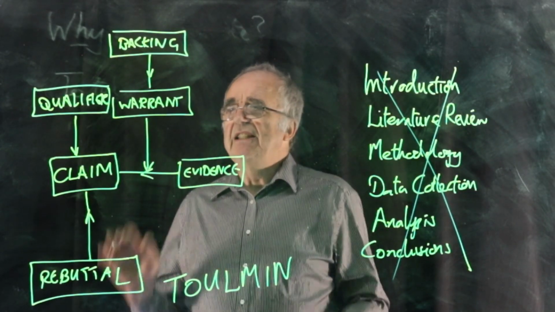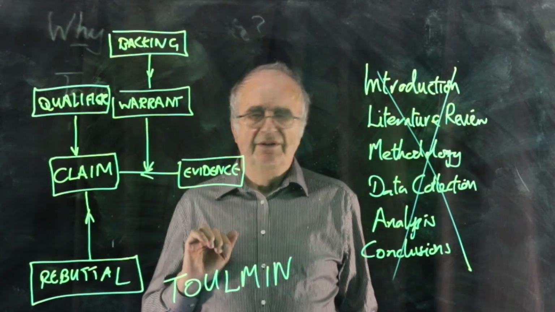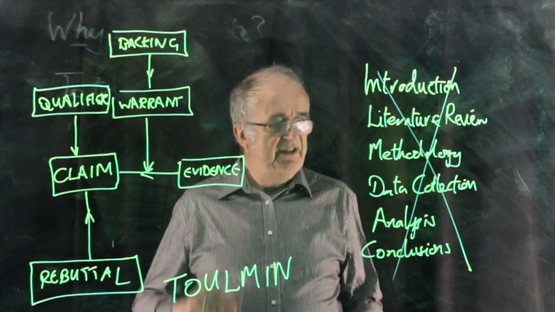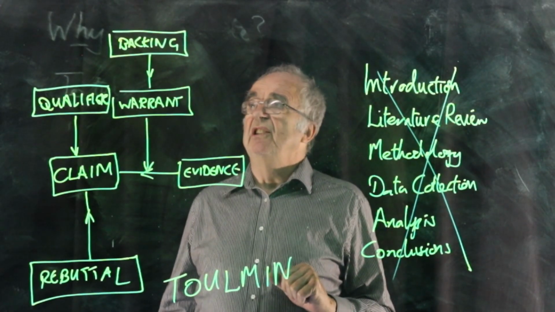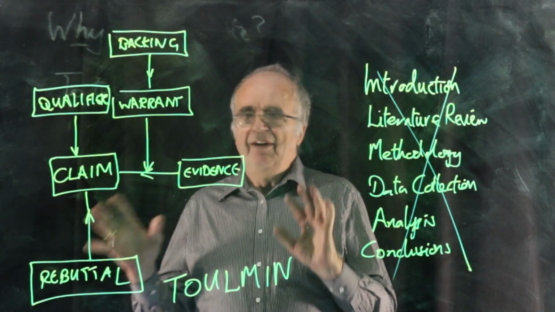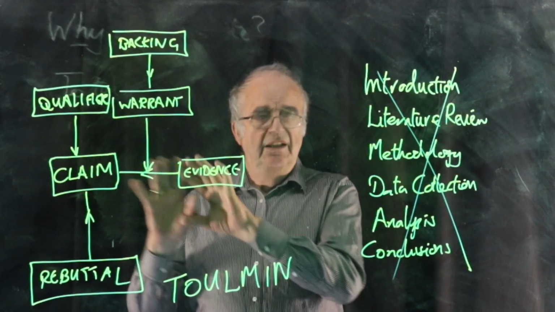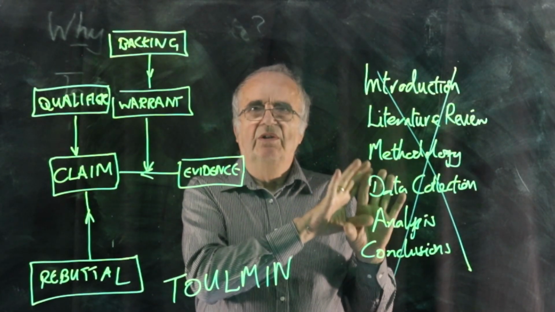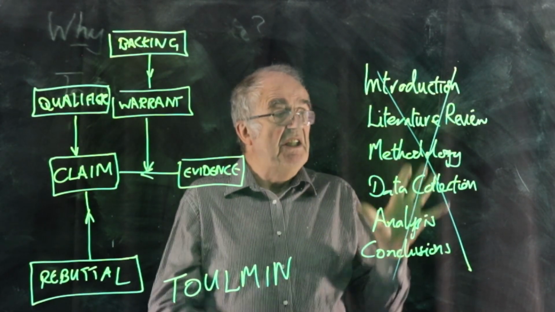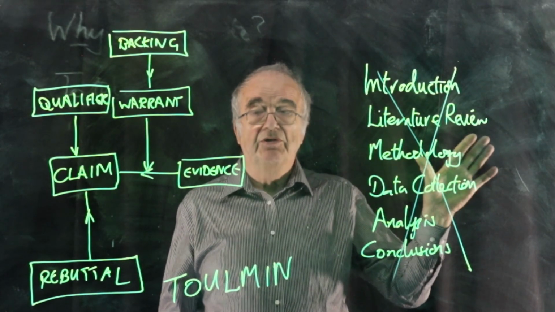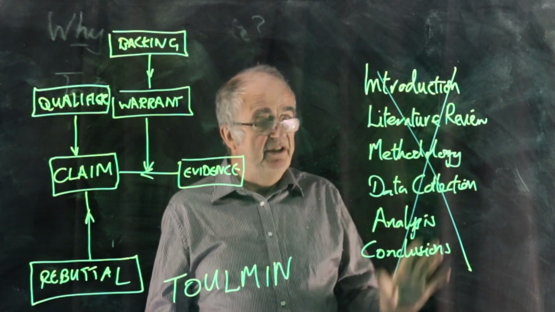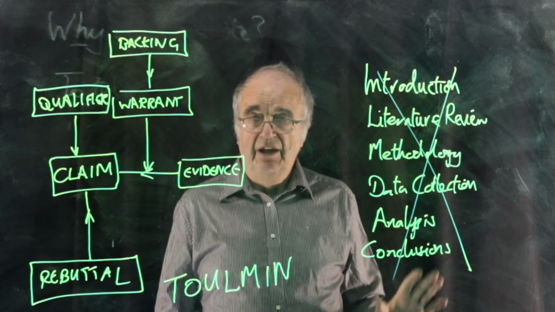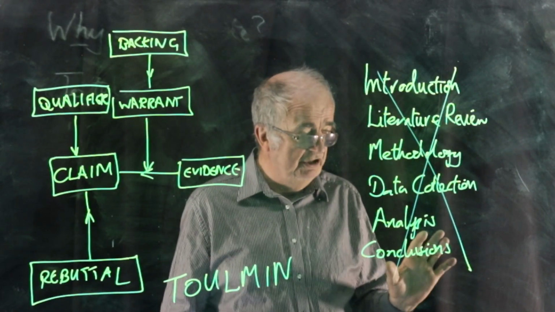Well, the methodology has something to do with the warrant, and the evidence has something to do with the data collection, but the exact jobs that have to be done are these. And the structure is your convenience. You don't necessarily need a separate chapter of a literature review. You might spread the use of the literature throughout the whole thesis, throughout the whole dissertation.